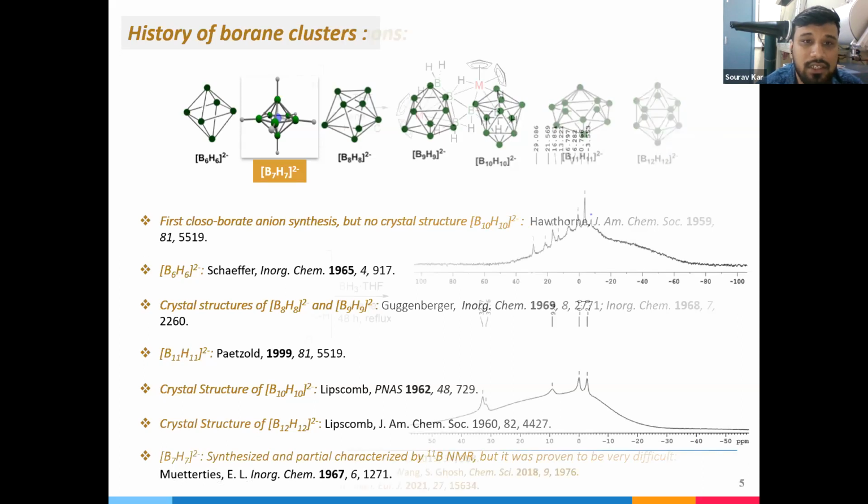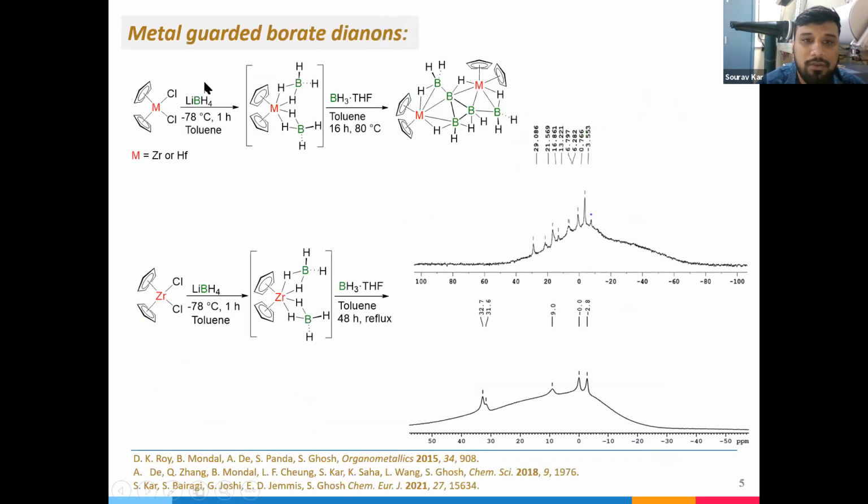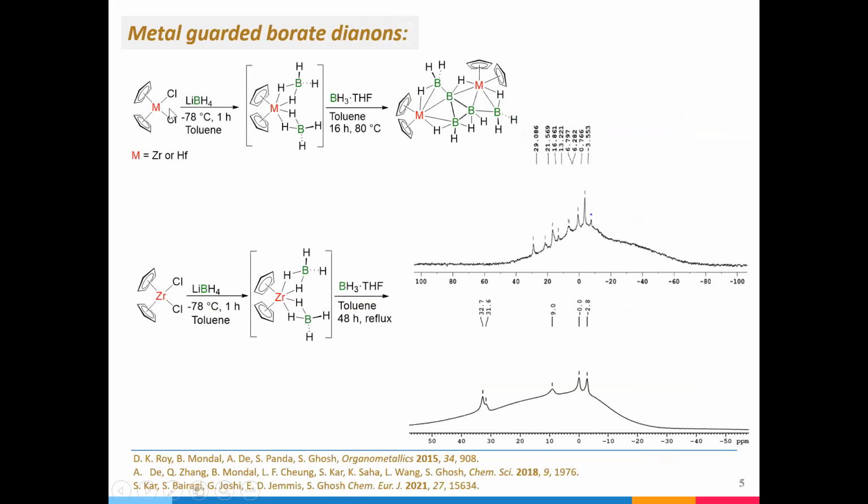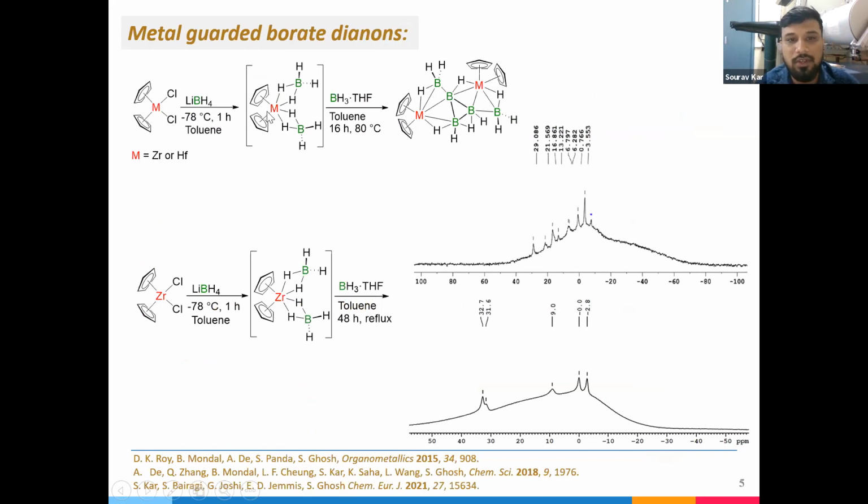So in this connection, recently we have come out with a new synthetic methodology where a group 4 Cp2 metal chloride precursor is treated with lithium borohydride, which led to the formation of a metal borohydride intermediate, and further treatment with BH3·THF, which is a monoboron source, under thermolytic conditions led to the formation of a metalloboron where the B3 triangular ring is supported by Cp2M BH4 units from the two sides.